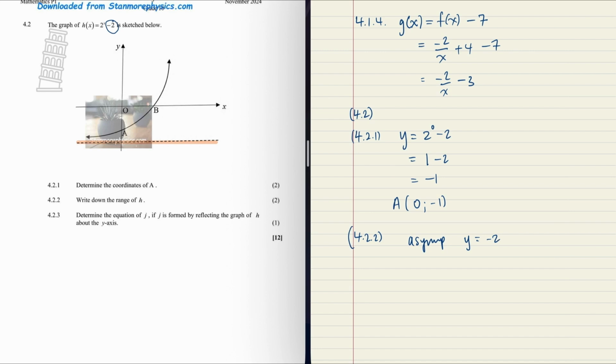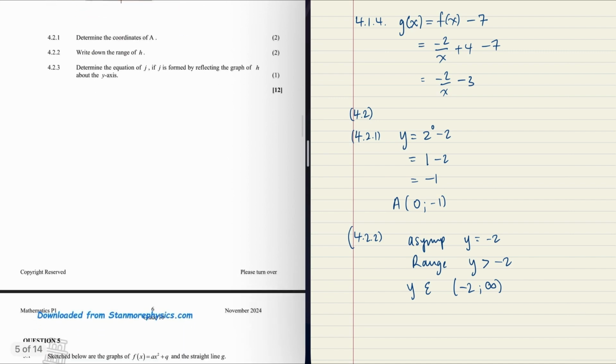So this function will exist for any y value above negative 2. So we can say that the range is y is greater than negative 2. If you want to write it in interval notation, you can write it as negative 2 to infinity. So you'll say y is an element of negative 2 to infinity.